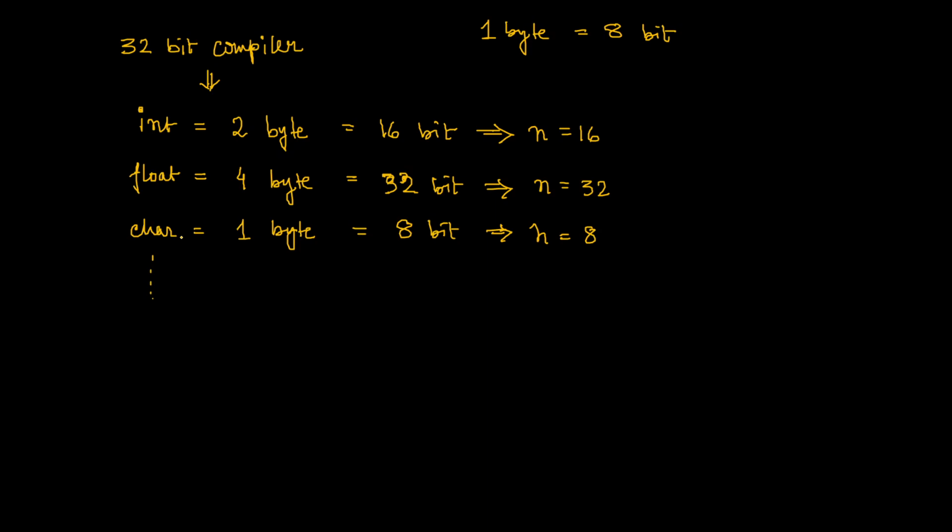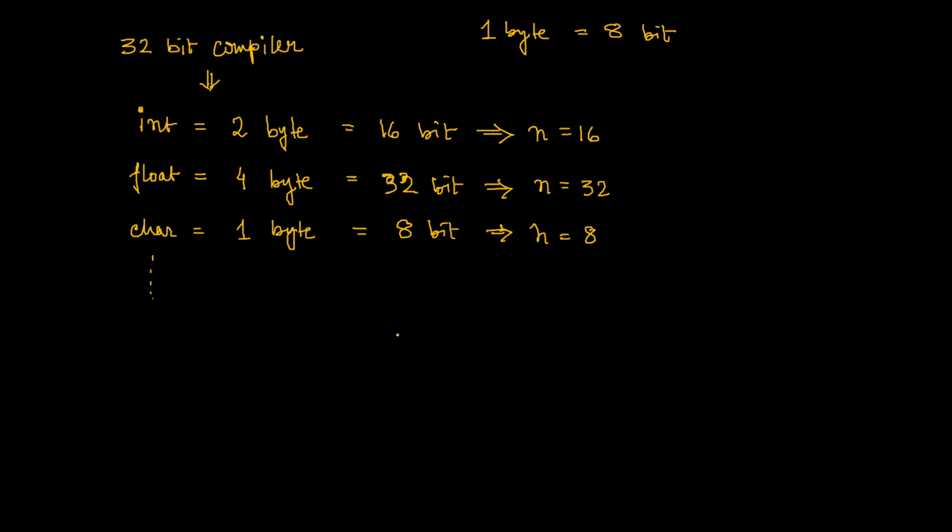So let's try to realize the range with respect to character. For other data types, the philosophy remains the same, so it will not be difficult. Why am I taking char? Because it has the least length.